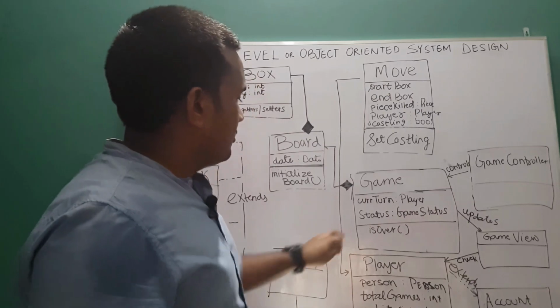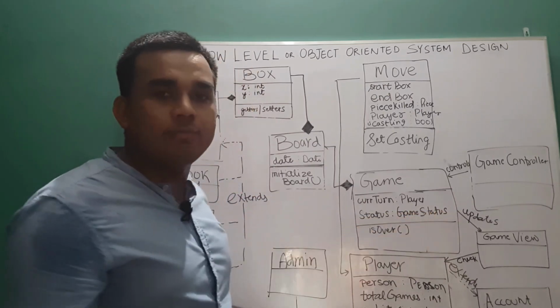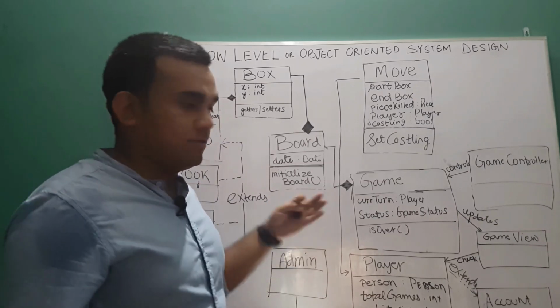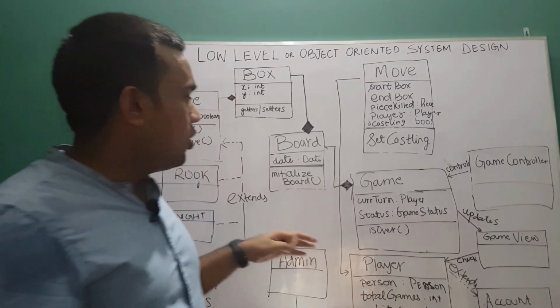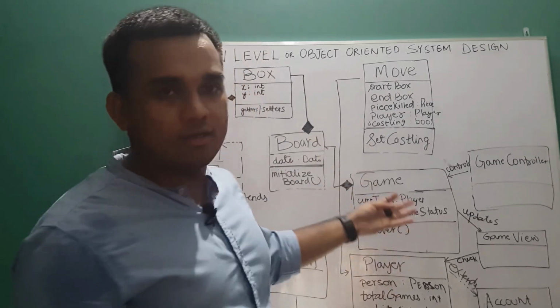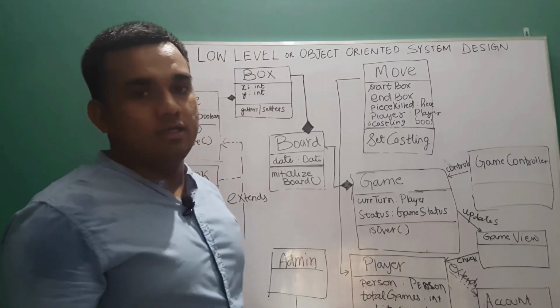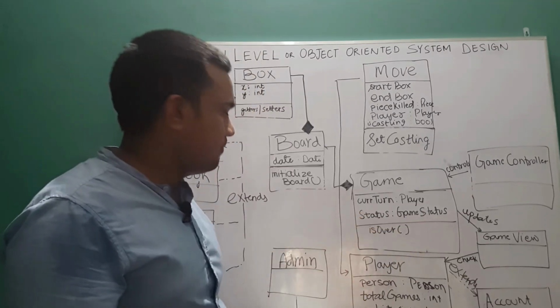Game status can be whether the game is active, whether the game is won by some player, or it has ended, or the player resigned. Everything will come into this. Is over will be a method that returns when the game is over.